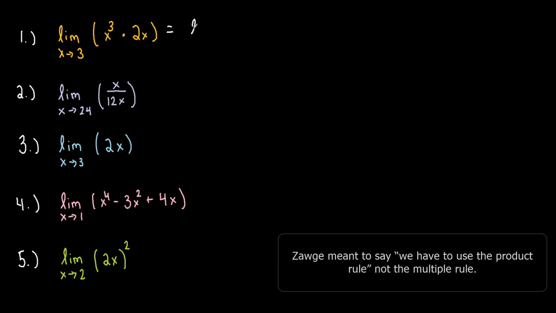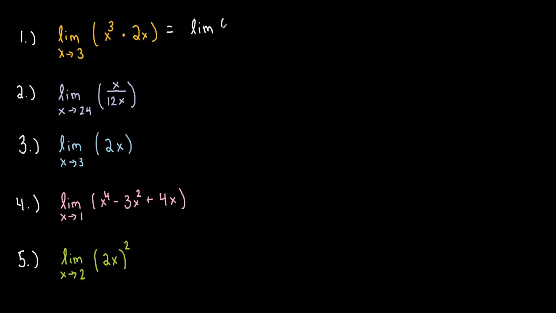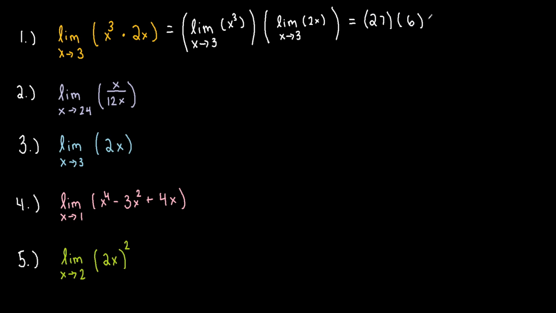So this equals the limit of x cubed as x approaches 3 times the limit of 2x as x approaches 3. And now we can use direct substitution to solve these limits. So this equals 27 times 6. And this will equal 162.